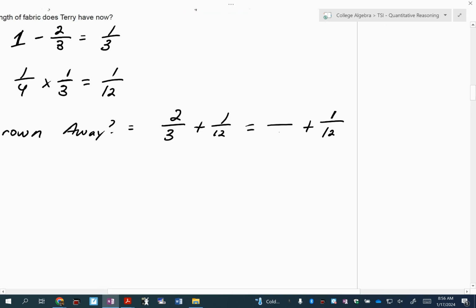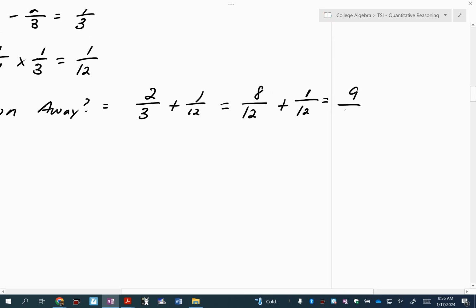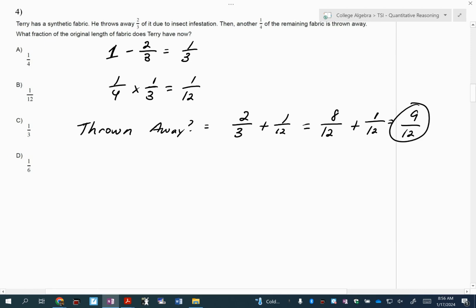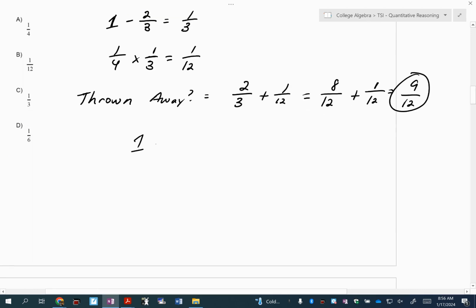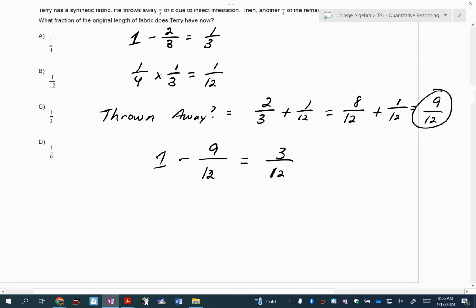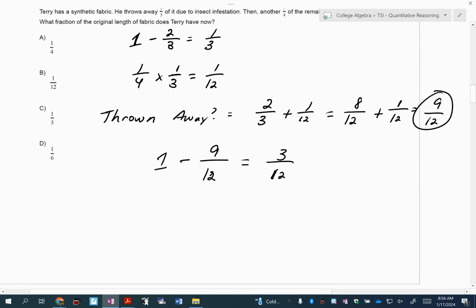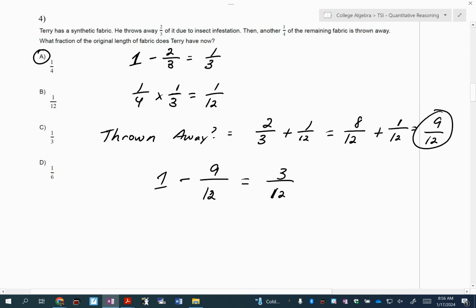So getting a common denominator, that's going to be 8/12 plus 1/12, which is 9/12. So this is how much is thrown away. When it asks what fraction of the original length of fabric does Terry have now, you'd have 1 minus the amount that was thrown away, which is 9/12, which would give us 3/12 remaining. And if you reduce 3/12, you would get 1/4. So that is the amount of fabric that Terry has now.